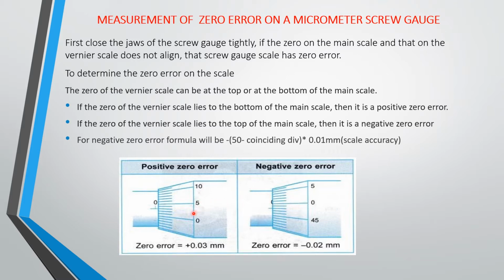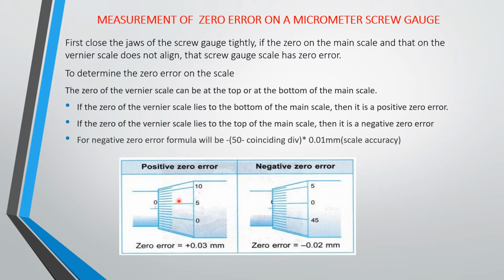This is the vernier, and then this is your main scale. If the zero on this vernier is to the bottom of the zero on the main scale, then your zero error will be positive.